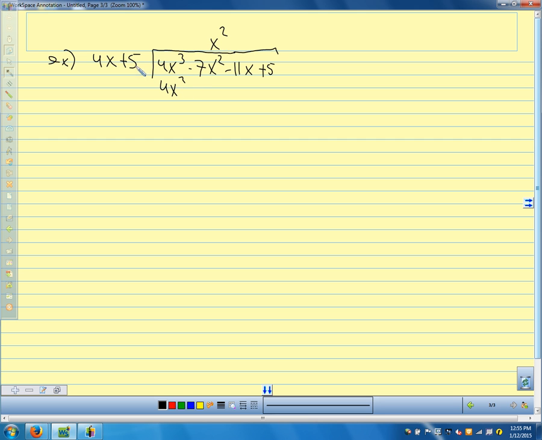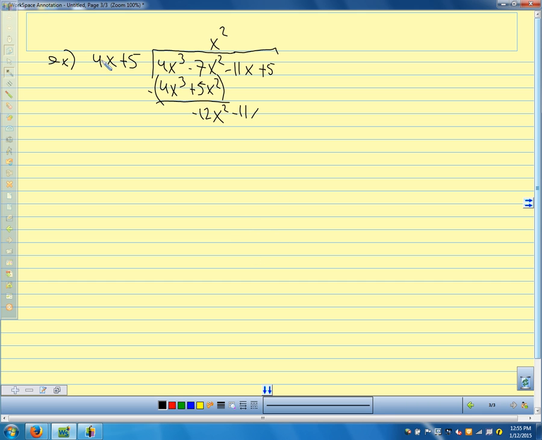X squared times 5 is 5x squared. You don't worry about the plus 5 or the next part of the number, just this first one. Then I subtract. 4x to the third minus 4x to the third is 0. Minus 7x squared minus 5x squared is minus 12x squared, and I bring that 11x down.